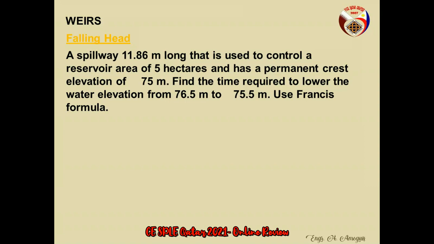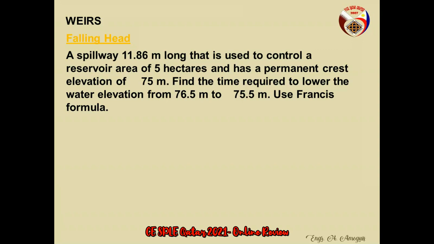Di ba? Ito yung kanina? AS dH over Q of weir. Kanina is Q of orifice. Okay. Ganyan lang. Ito yung generic equation. Right? Ito yung generic equation. Okay? So, of course, kung ito yung H1, tapos mababa yan, nagiging H2.